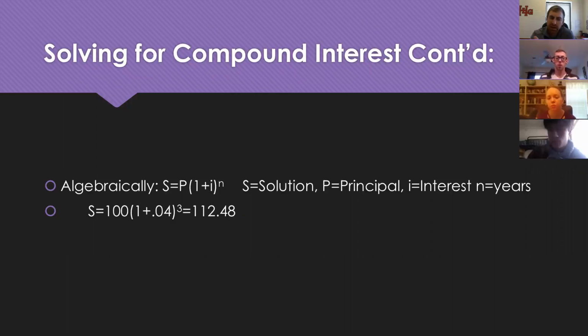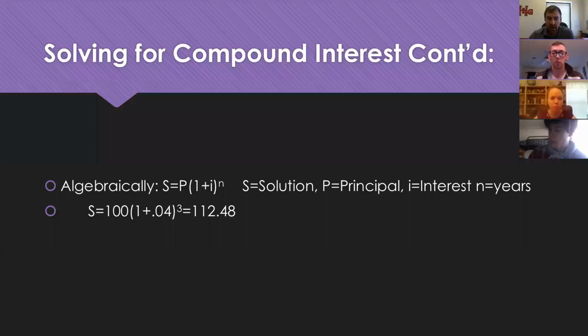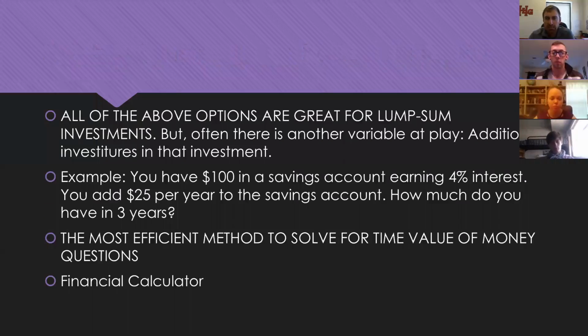So ultimately, if you had that $100 invested at 4% interest, you'd get the same number: 1.04 to the third times 100 is 112.48. If we go back and look at 4% for 3 years in the table, it would be 1.1249, which makes sense, 1.1248, same idea.